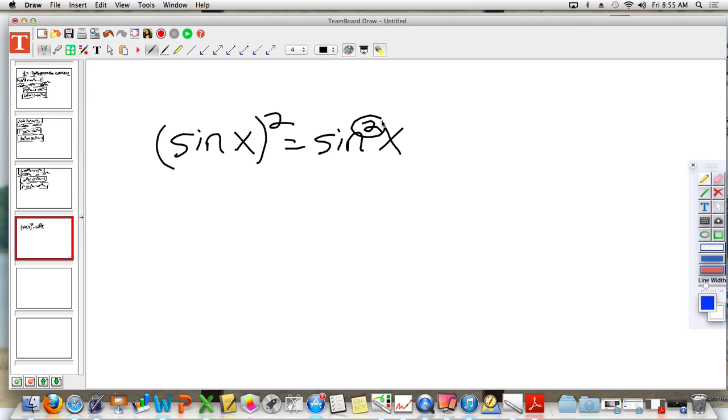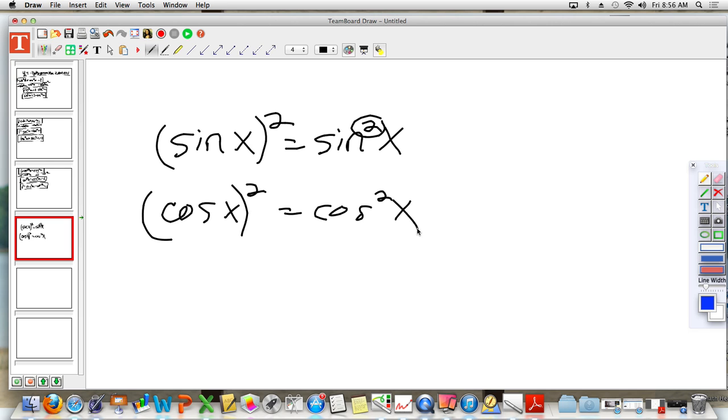If you ever need to use your calculator to square a sine value, then you need to type it in the first way: the sine of some value in parentheses, squared on the outside. Your calculator will not allow you to put the 2 in between the sine and the x. So if you have the cosine of x squared, that's the same thing as putting the 2 in between the cosine and the x.